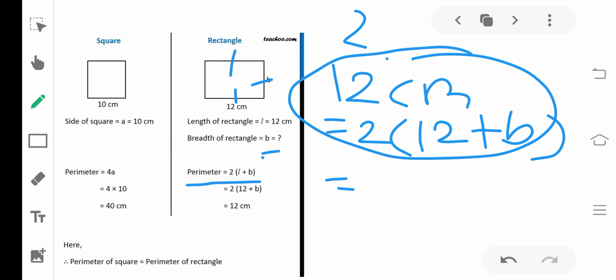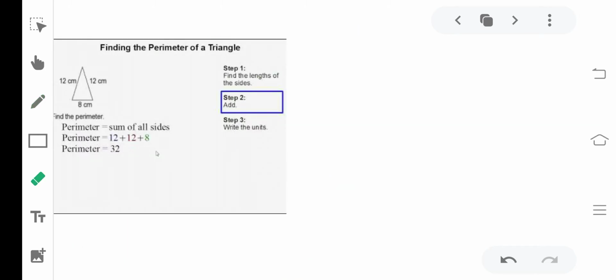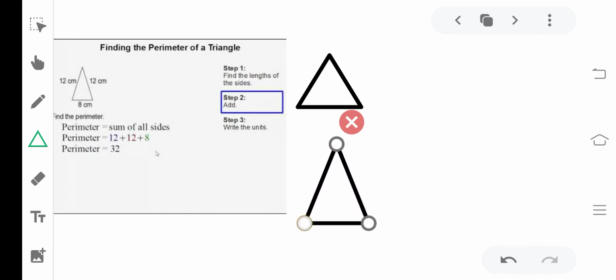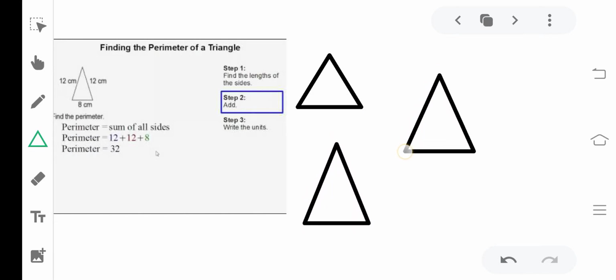And now you will see how it is the perimeter of a triangle. There are many types of triangle, such as the equilateral triangle. This is your equilateral triangle, this is your isosceles triangle, and this is your scalene triangle.